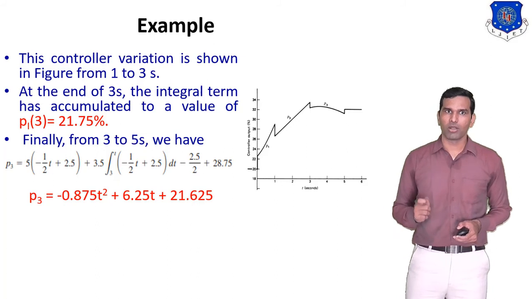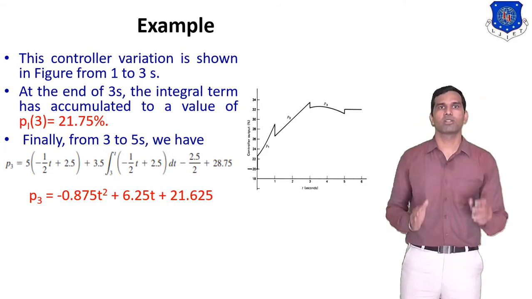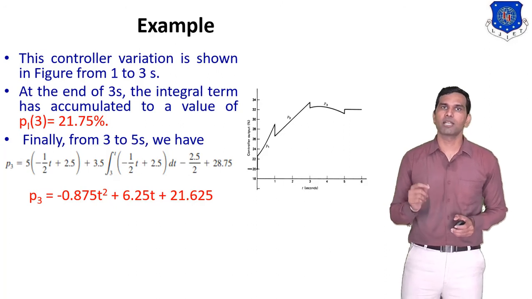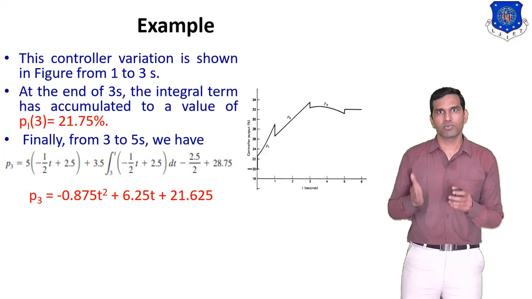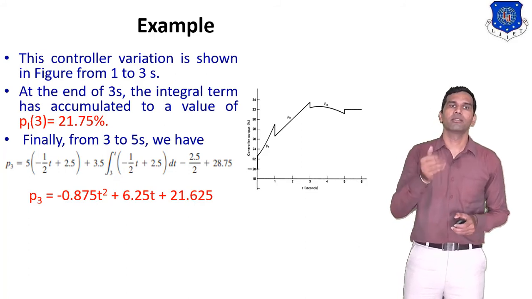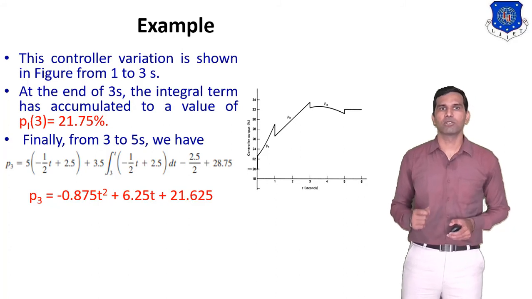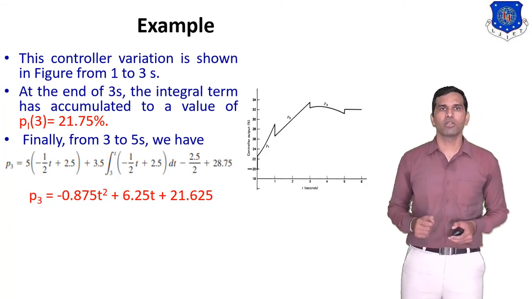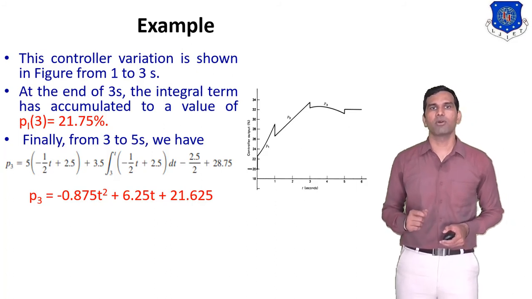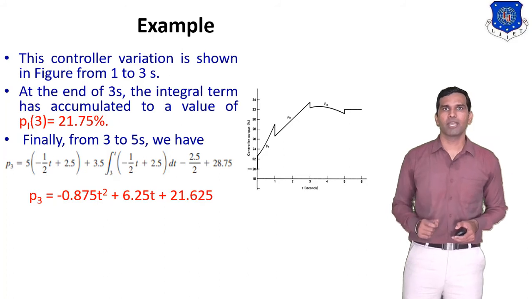We know the value of Ep for the portion from 3 to 5 seconds is minus 1/2 t plus 2.5, so we simply substitute this into the P3 equation. We get P3 equals minus 0.875 t squared plus 6.25 t plus 21.625. This is the P3 output value.